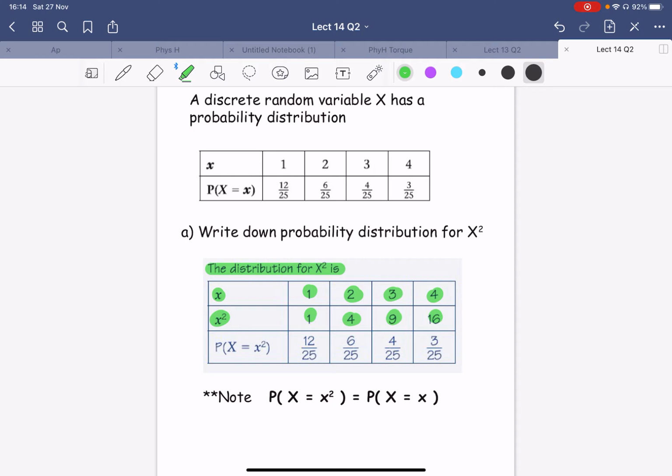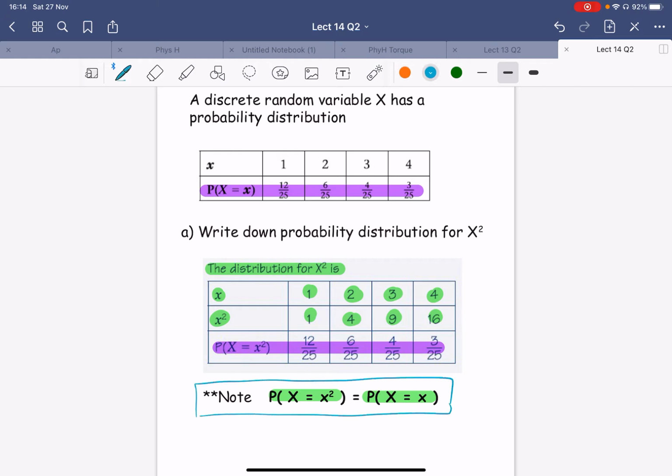Always remember that the probability distribution function for x squared is the same as the probability distribution for x, which means just copy this and paste here. All the values are the same. This is a remark you want to put down, that this is supposed to be equal. Just remember that.